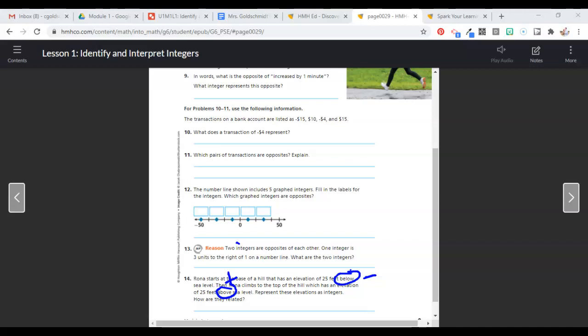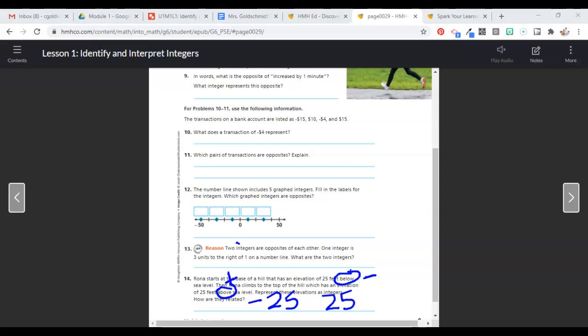How are they related? 25 feet below would be represented as negative 25. And then when we go above by 25, that is positive 25. It says represent these elevations as integers, so we did that right there with the numbers. And then how are they related?